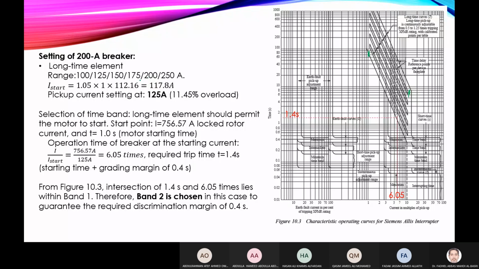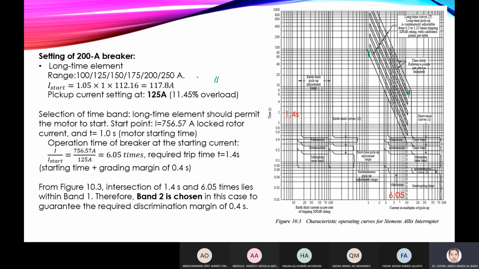So which one of these should I choose? Normally the pickup setting, I can choose at 1.05 times the safety factor times this, but I can also choose it up to the maximum value.